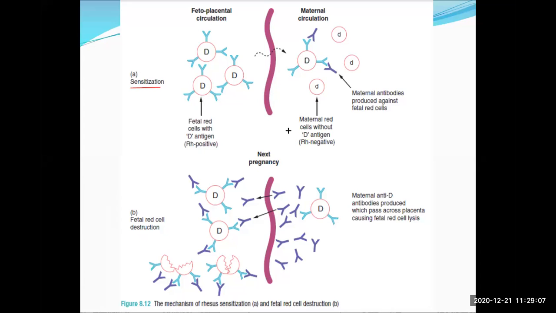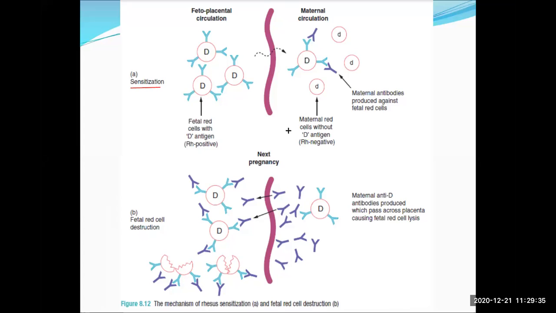There are different reasons for that. Sometimes an abortion earlier than the 20th week may cause mixing of fetal RBCs with maternal circulation. Sometimes even amniocentesis, or the time of birth. So we cannot pinpoint exactly what the cause of this mixing is.